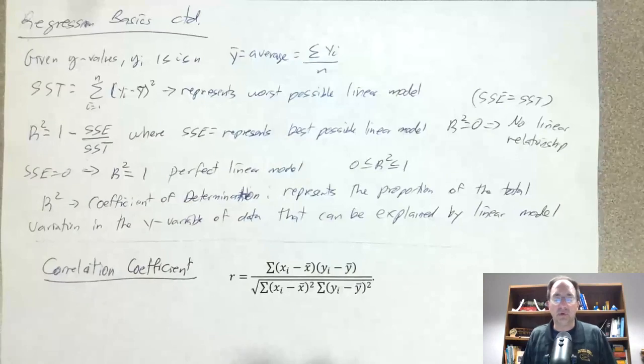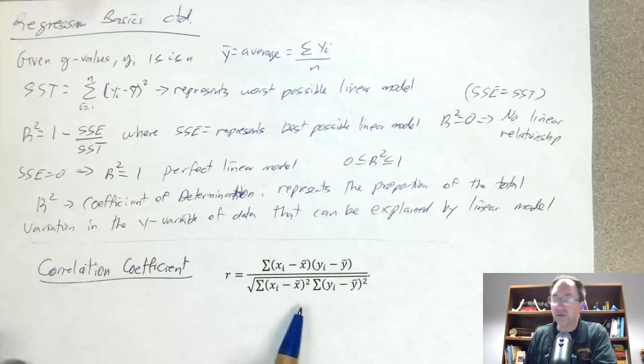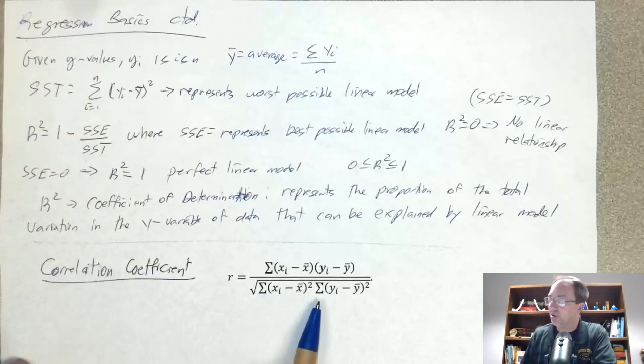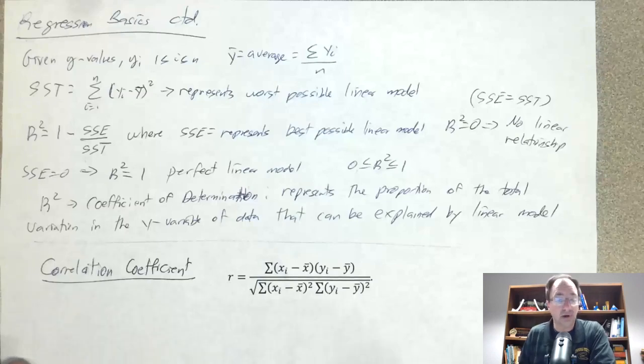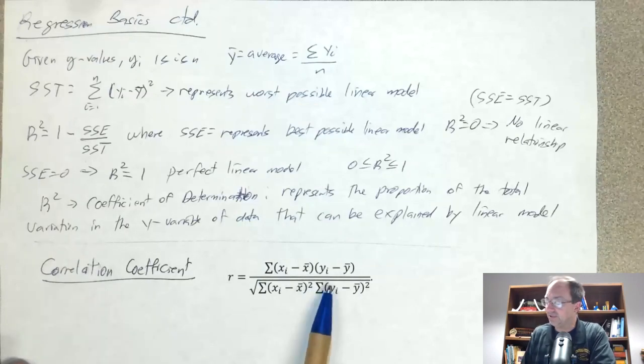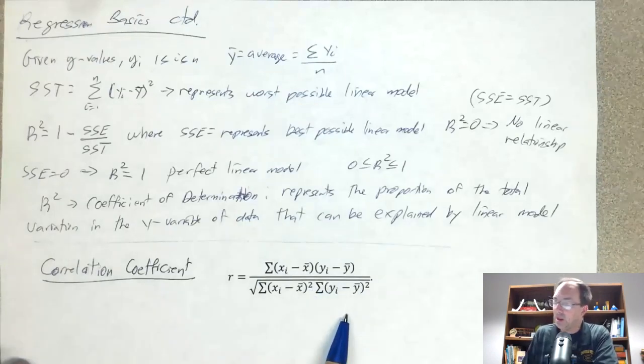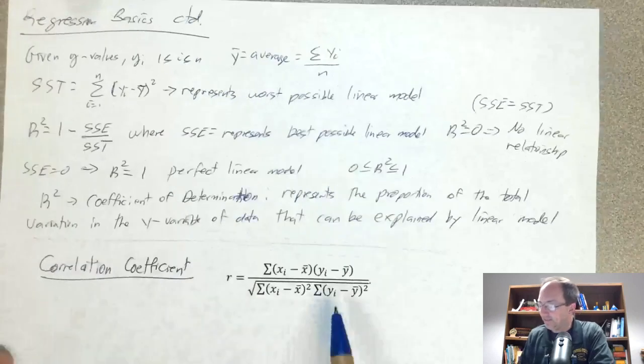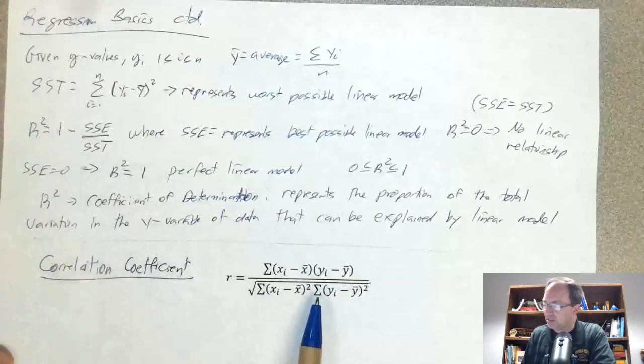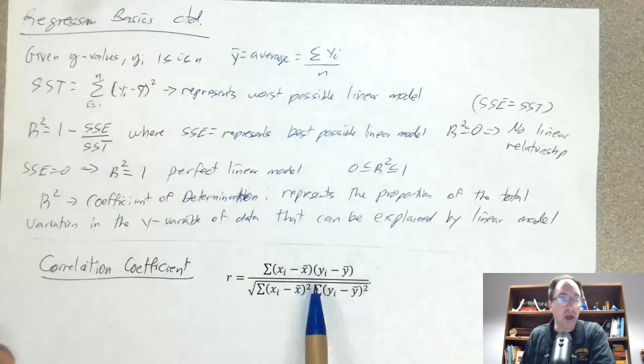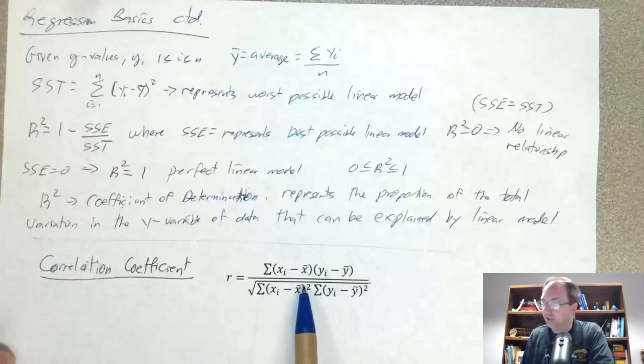Now the second formula that you need to be aware of is something known as the correlation coefficient. We use the letter R, little r in this case, for this formula. You can see it written here. And notice it's a little bit different than our last one in the sense that there's no model represented by this formula.